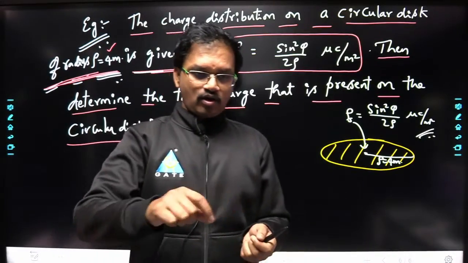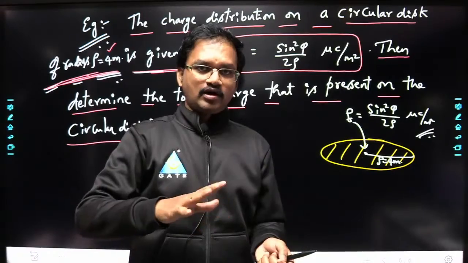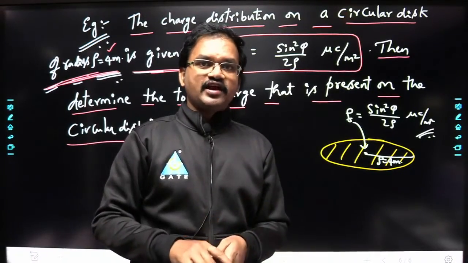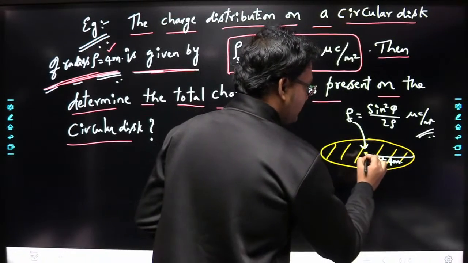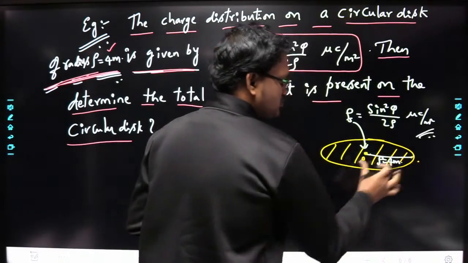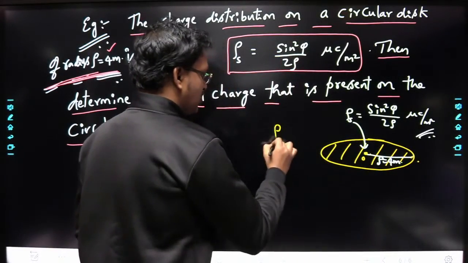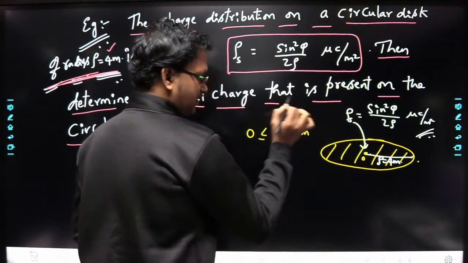So if you vary rho and phi, that is going to form the surface area of a circular disc. Now here rho is varying from 0 to 4 meters.